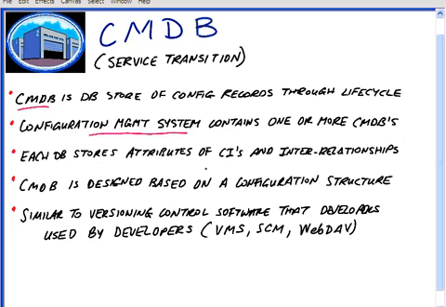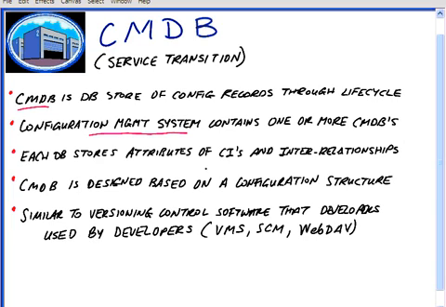So this is more than just simply data stored, let's say, in a SQL Server database. The configuration management system is going to have tools for collecting, storing, managing, updating, mining, and presenting this data about all the configuration items, the CIs, and the relationships they have to each other.